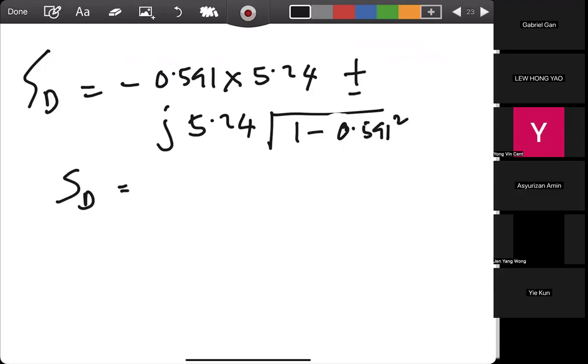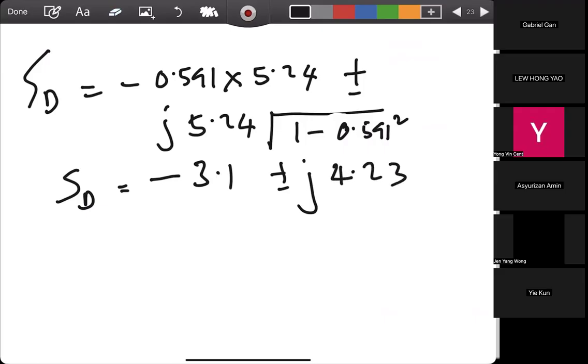Help me. Negative 3.1. Then the imaginary part is 4.23.